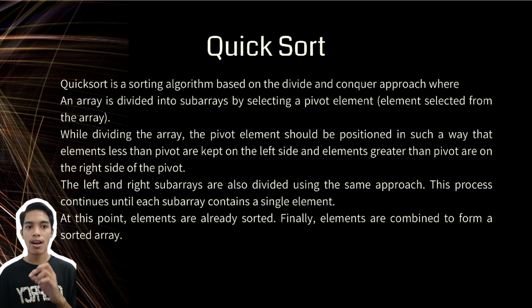This continues until the sub-arrays are single elements. Then you know how to combine them. Quick sort usually divides the array into sub-arrays around pivot elements.